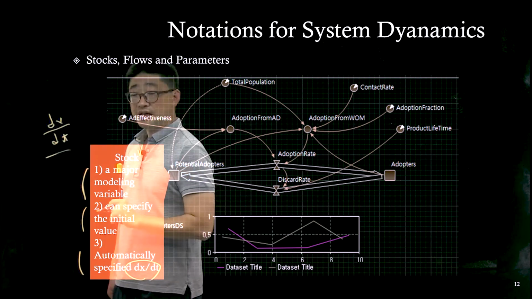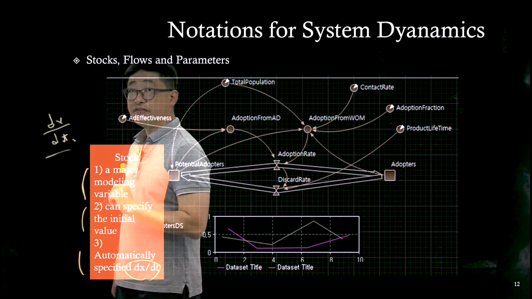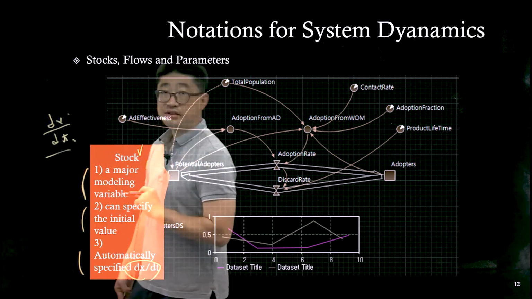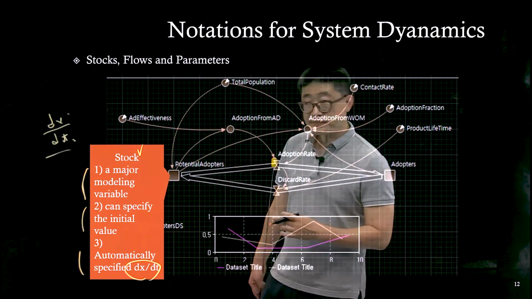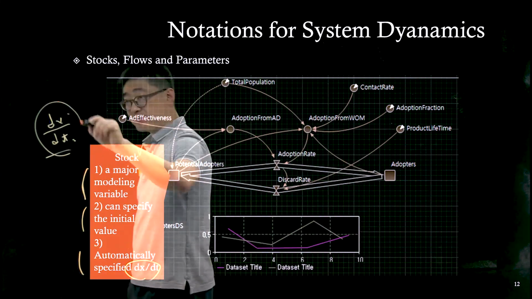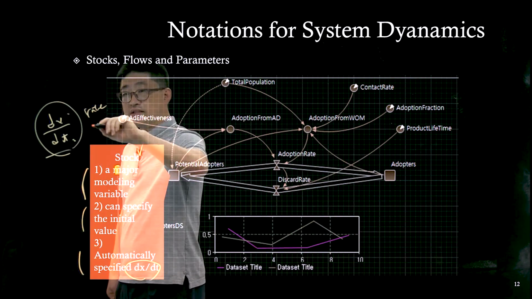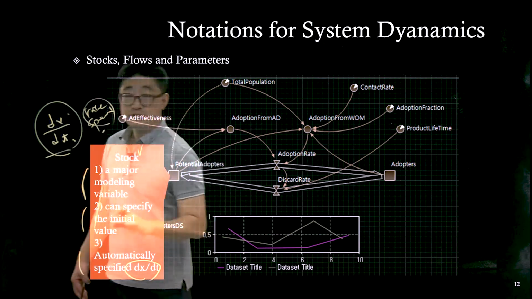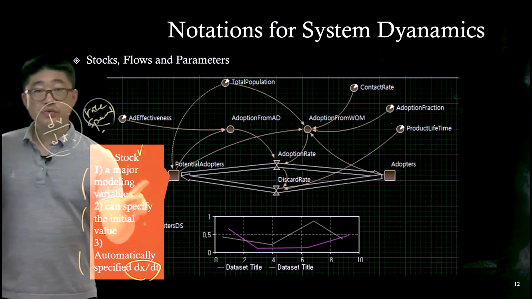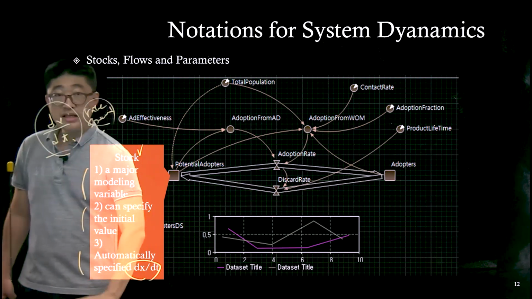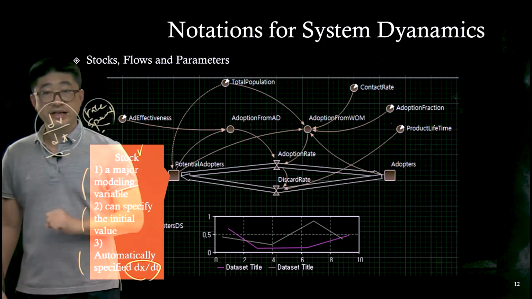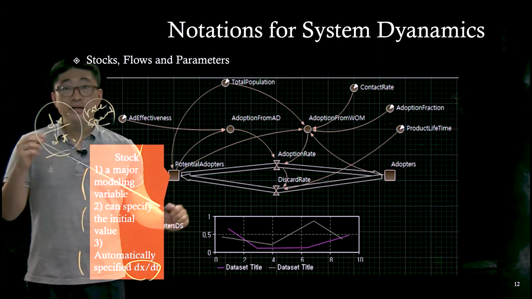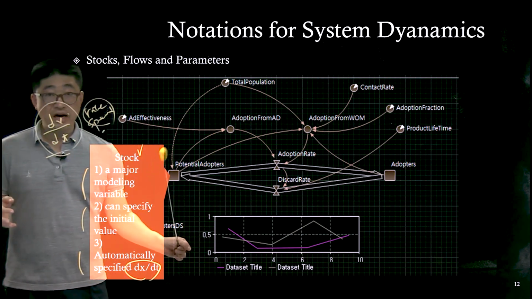What does it specify? As a time difference, how much x will change in the future dynamics. This is the rate, the speed. How this stock will change is specified by this dx per dt formula.